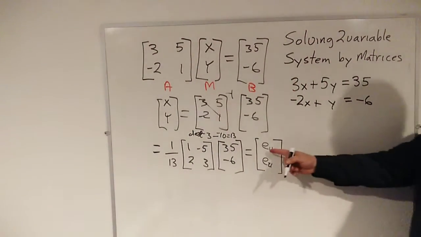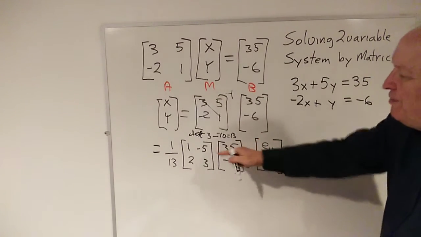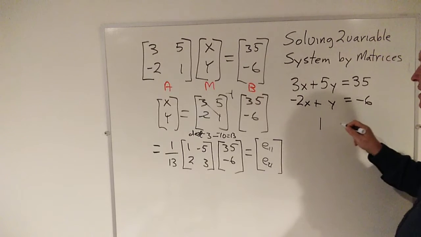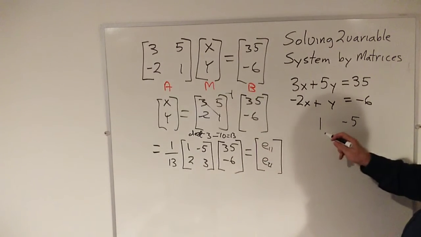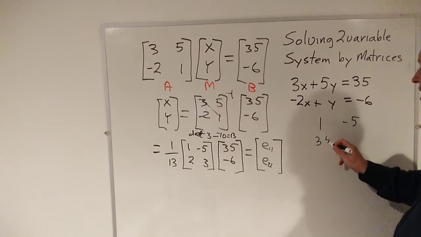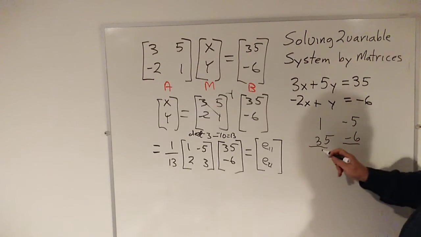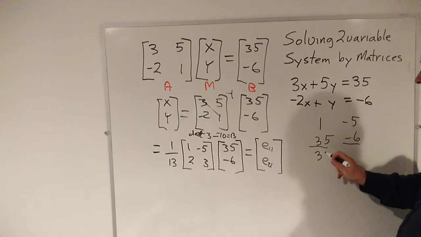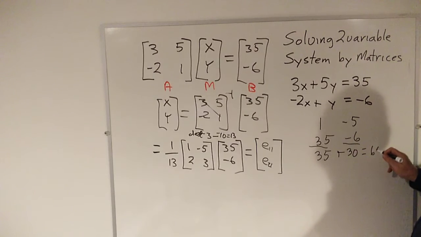This is first row times first column, so the first row of this matrix, 1, negative 5, times the constants, 35, negative 6. Multiplying these together, we get 35 plus 30, which is 65.